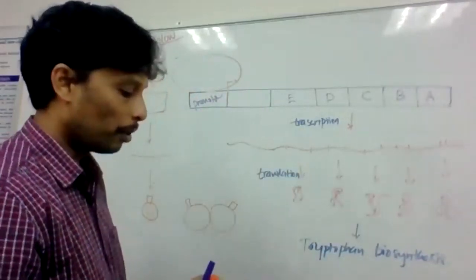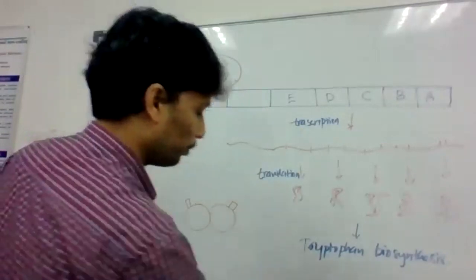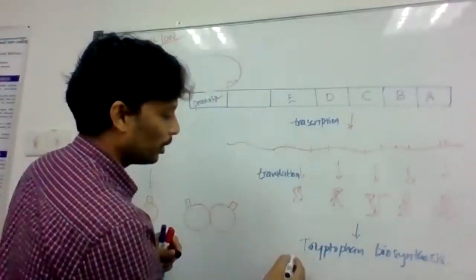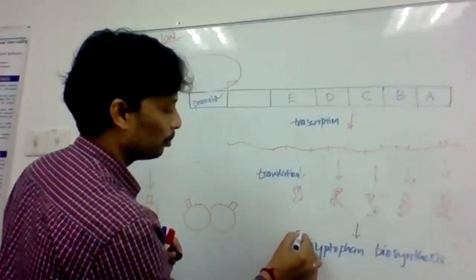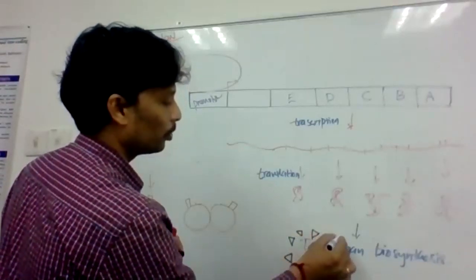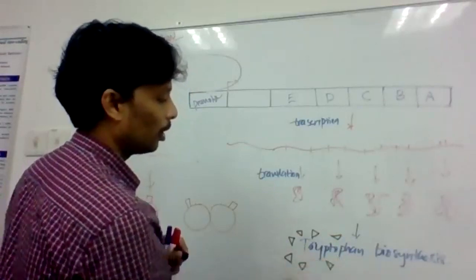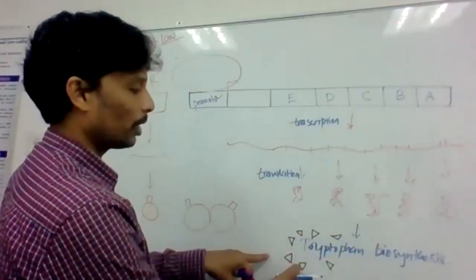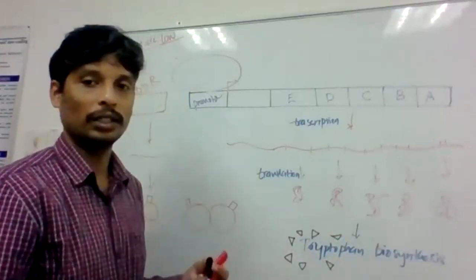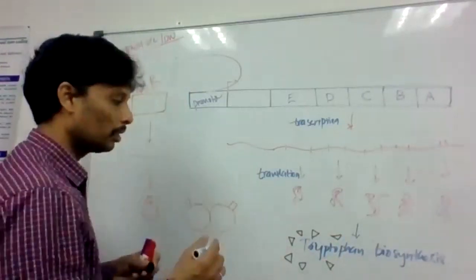When a lot of tryptophan molecules keep being produced, at a certain concentration there is a huge number of tryptophan. I'm using the same symbol as for lactose, don't get confused. Tryptophan molecules have been synthesized a lot, and inside the cell a lot of tryptophans are present.